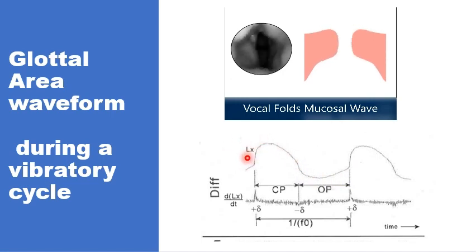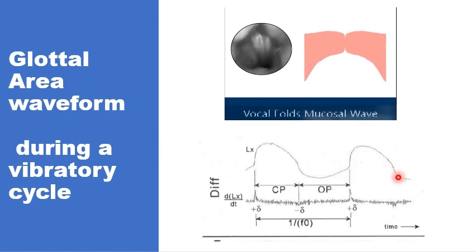It shows the changes in the glottal area when the vocal folds are coming closer together to close up the glottis before they start to peel away from each other to open up the glottis in the later part of the vibratory cycle before the cycle repeats itself again.